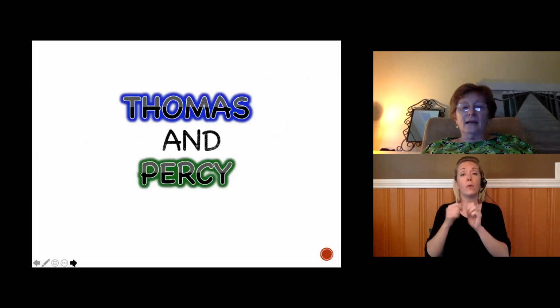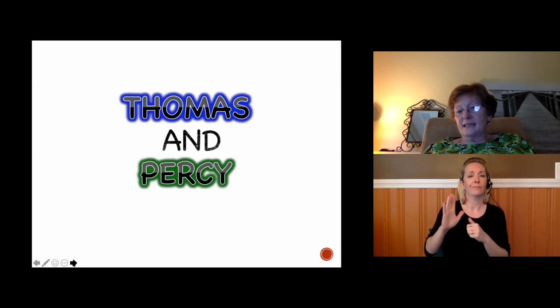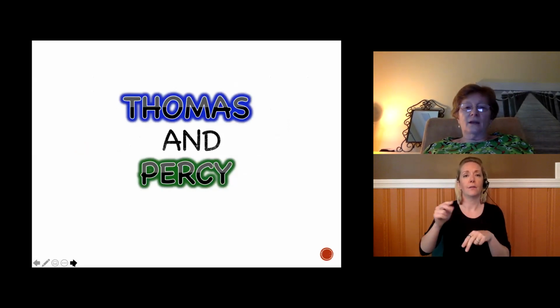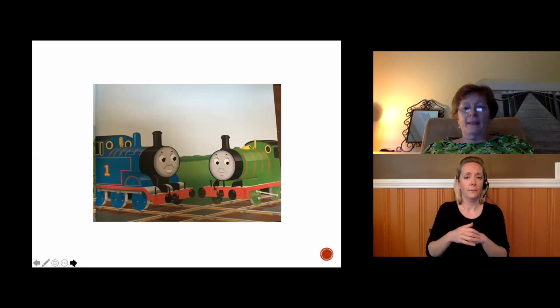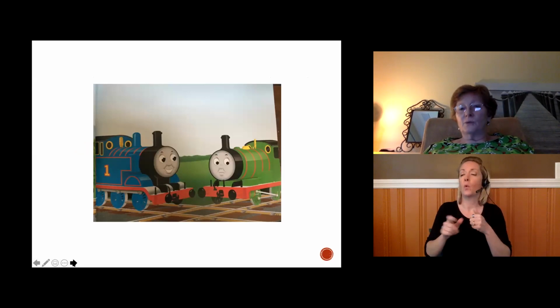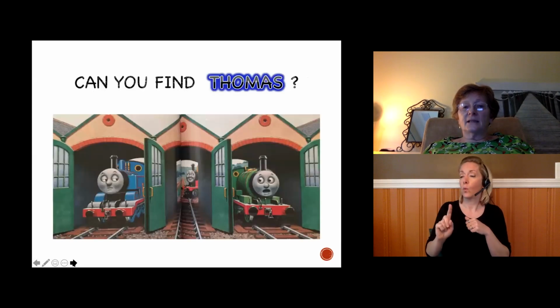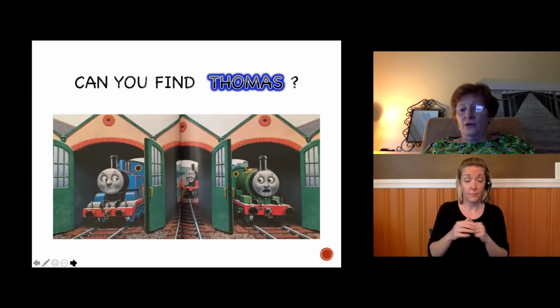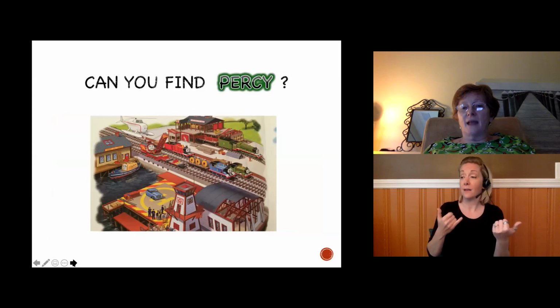I had a little friend that loved Thomas and Percy, so we made a hide and seek game with Thomas and Percy. So he had to show me, where's Thomas, where's Percy? Well, that one was pretty easy. Now, can you find Thomas? Now, can you find Percy? And what about now?